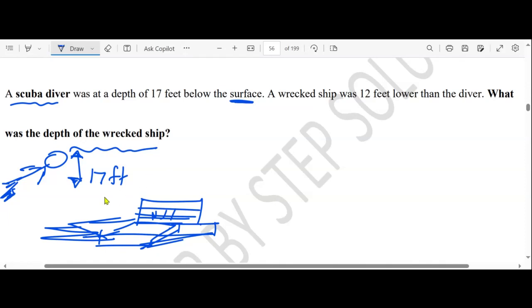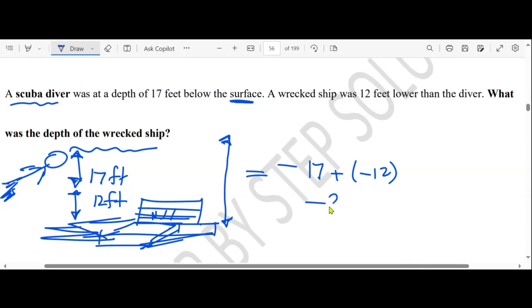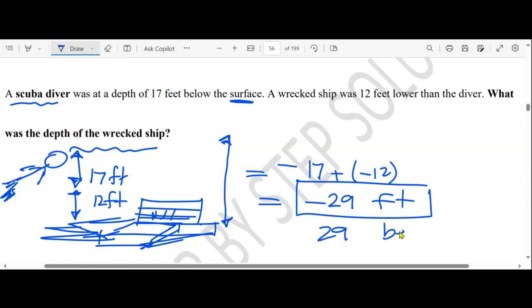The wrecked ship was 12 feet lower than the diver. 12 feet. What was the depth of the wrecked ship from here to the surface? How much? 29. Minus 29. 29 what? Feet. Or you can say 29 below the surface. Is this clear?